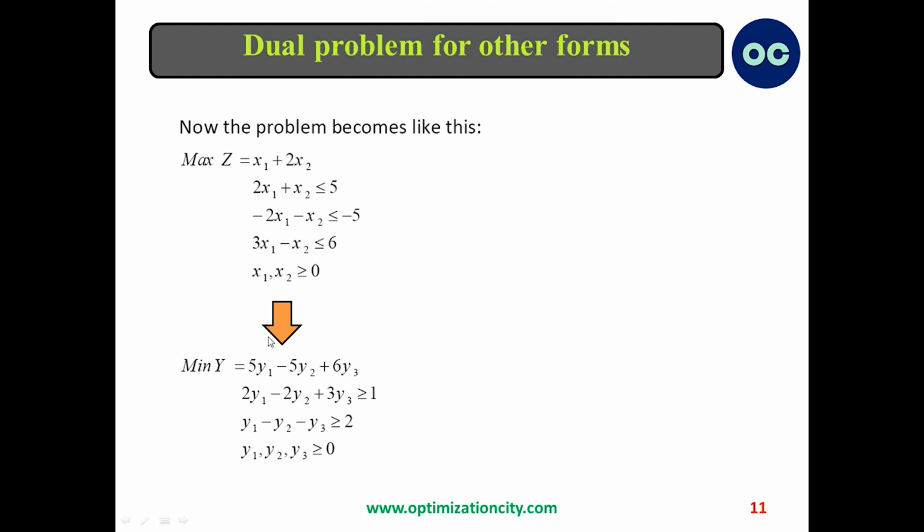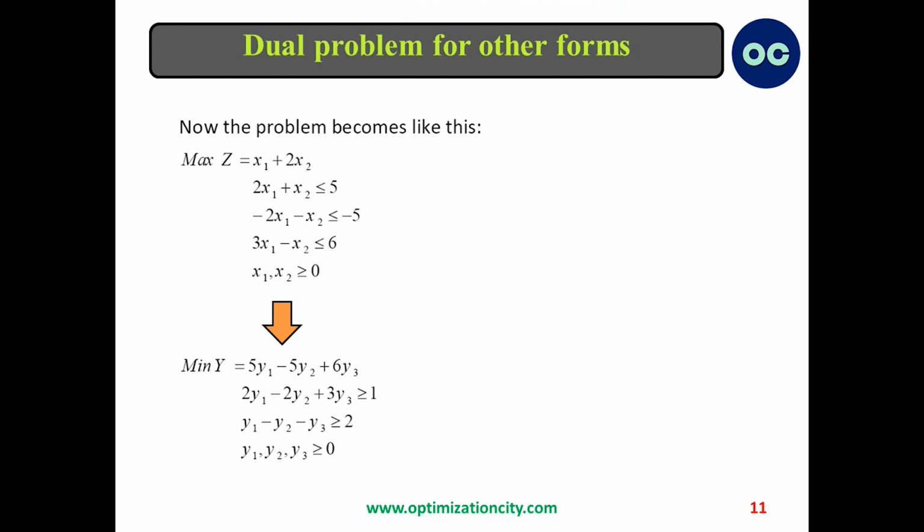This is the dual model. We have three variables for the dual: y1, y2, and y3. If we represent the variables of the dual model as y1, y2 and y3, the dual model can be formulated here as follows.